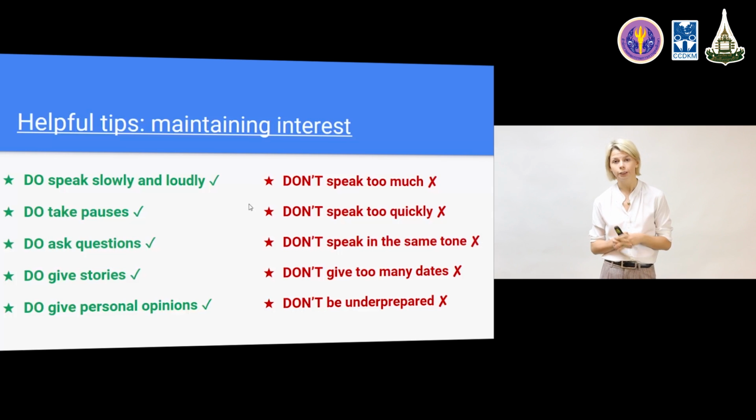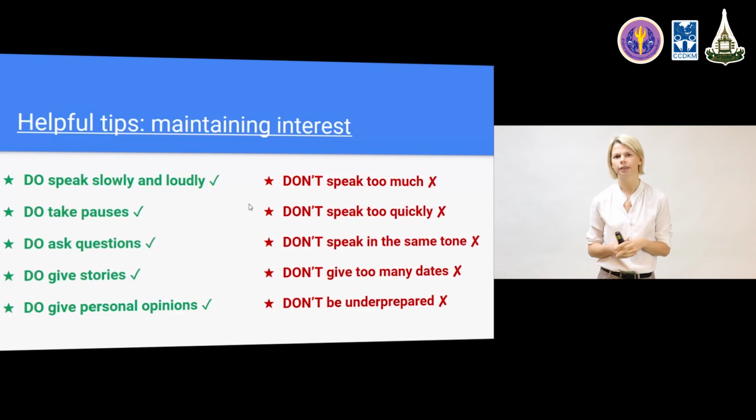Always remember, your listeners might also be second language speakers. Also, if it's in a loud or busy place, maybe your listeners cannot hear so well. So remember to speak slowly and clearly so everybody understands you.